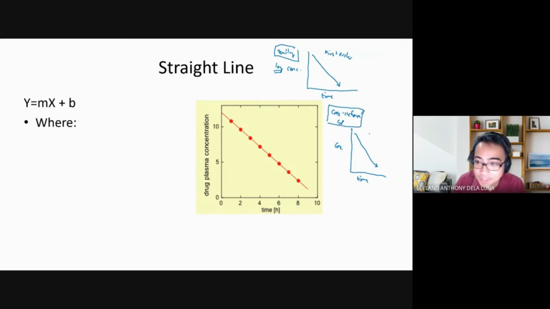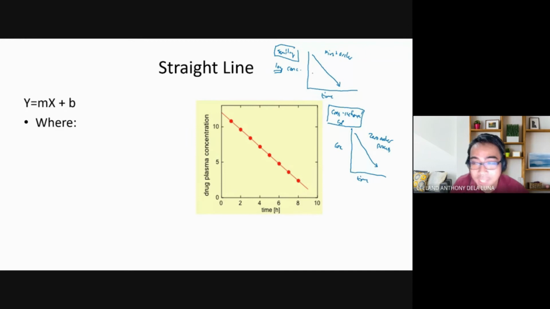This follows zero order process. Correct? Okay, so yun yung naalala natin regarding sa plotting natin, right? So basta pag straight line sa cross-sectional graphing paper, ay zero order process yan. Pero pag straight line sa semi-log, ay first order process yan.